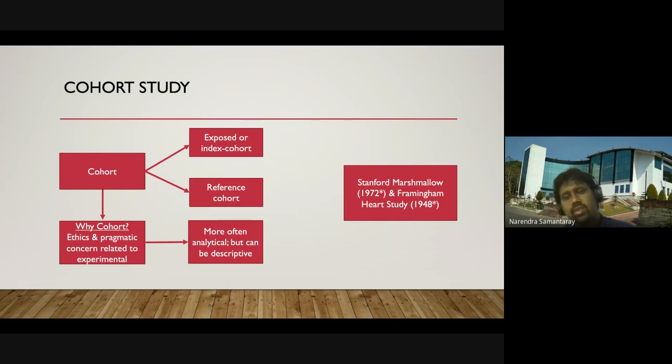Follow-up studies were done 15 to 20 years after that event, and the children were divided into two groups: those who ate immediately and those who waited for the second marshmallow.